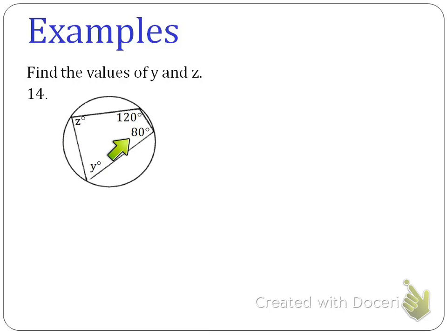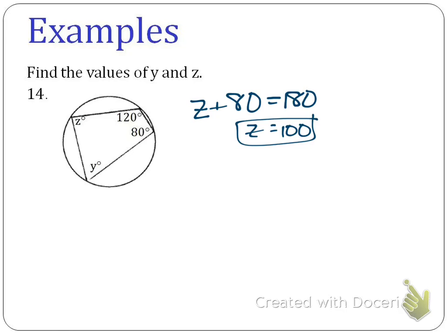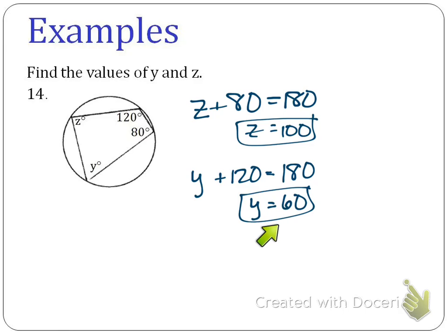So z plus 80 should equal 180. So that means z is 100. And like previous, the opposite angles, y and 120, should add up to 180, giving us a measure of 60. Next example.